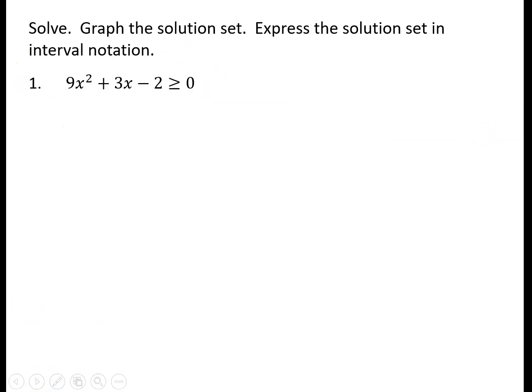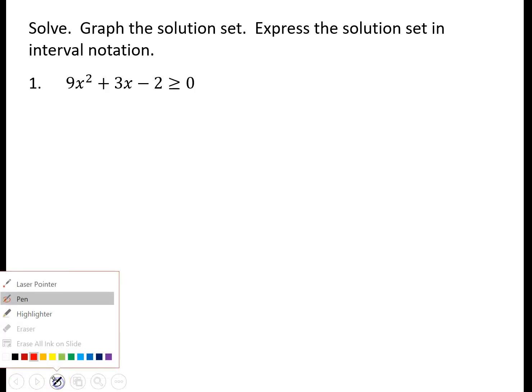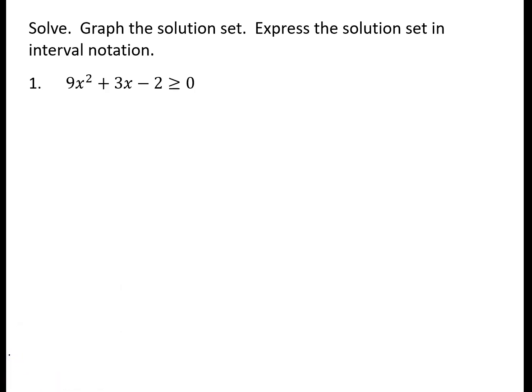So let's practice going through those steps here. The instructions say solve, graph the solution set, express the solution set in interval notation. So let's look at our problem. It's kind of good to go ahead and look at the degree right away. We see that the degree of this polynomial is 2.